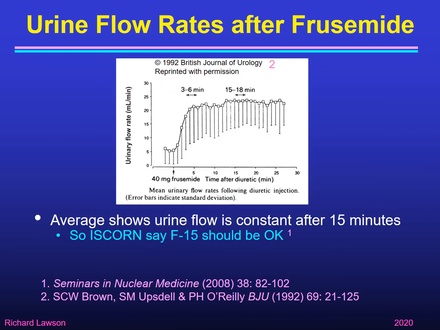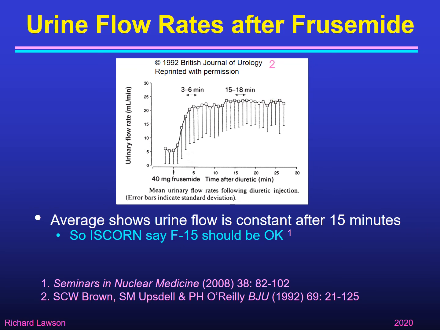So let's see how the urine flow rate changes after administration of Frusemide. ISCORN, that's the International Scientific Committee on Radionuclides in Nephrourology, produced a report on renal transit time measurement in 2008. In that report they reproduced this graph showing how the urinary flow rate changes after administration of 40 milligrams of Frusemide intravenously. They showed that after 3 minutes the flow rate increases quite rapidly and then begins to level off, and by 15 minutes is reasonably constant.